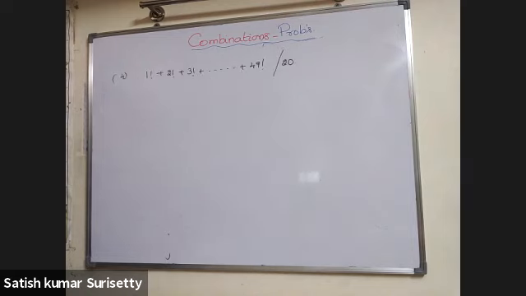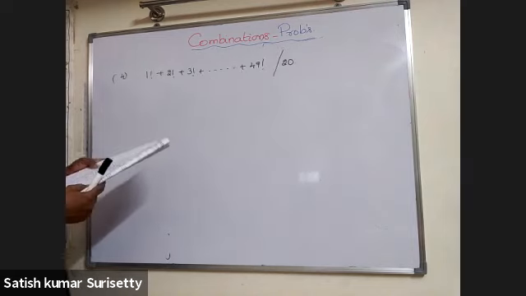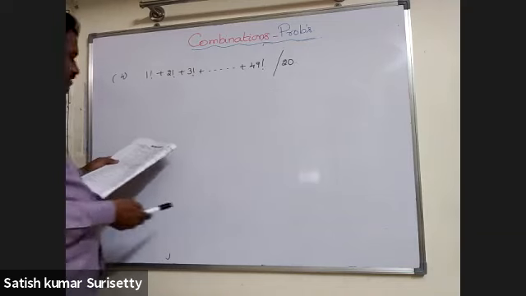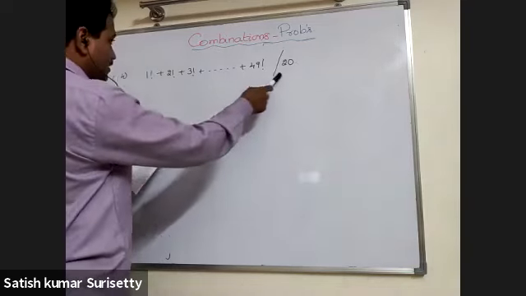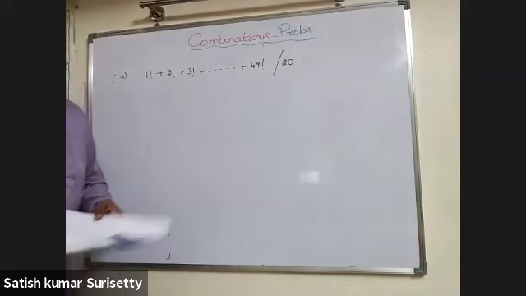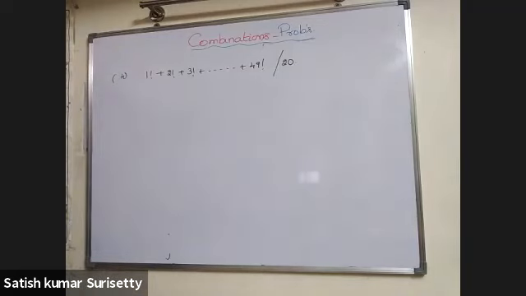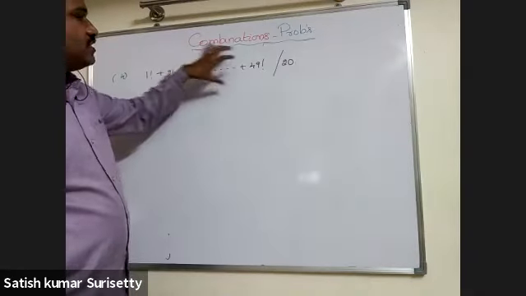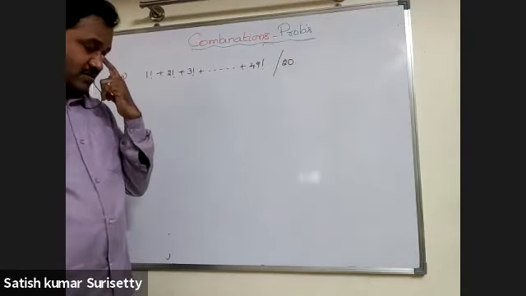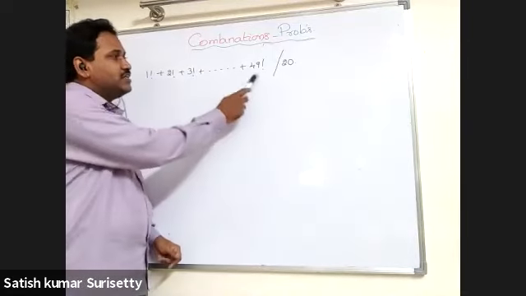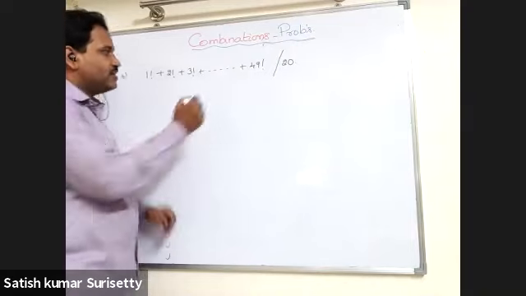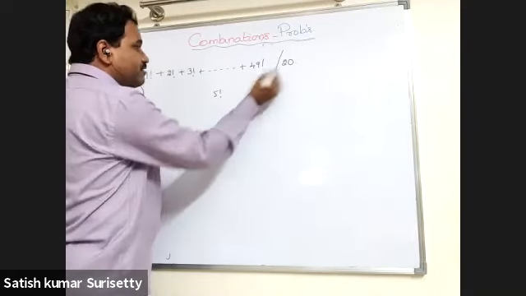The question: what is the remainder when 1 factorial plus 2 factorial plus 3 factorial and so on up to 49 factorial is divided by 20? Now identify in which factorial 20 will be a factor. 5 factorial contains 20.